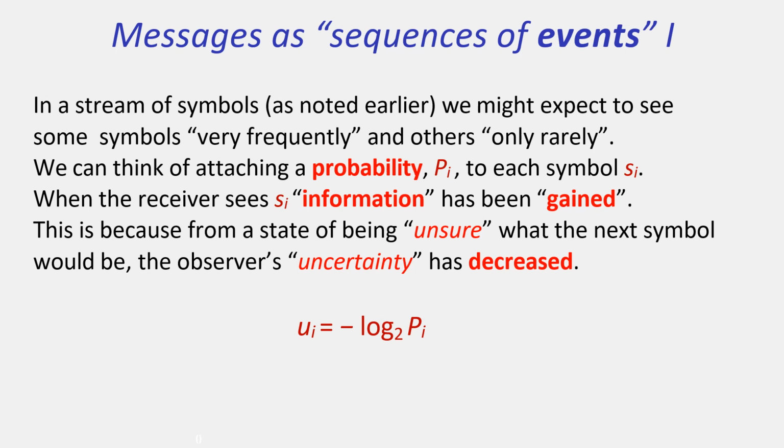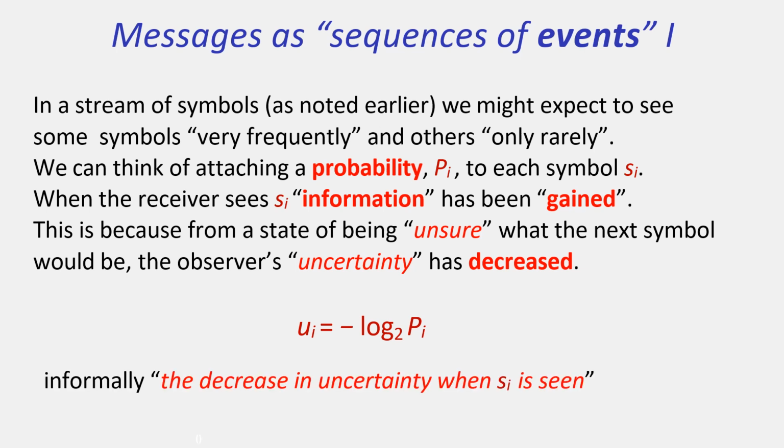As a result, the logarithm is going to be a negative value. So the uncertainty measure, minus log to the base 2 of the probability, will be positive. Informally, that measure can be thought of as the amount by which the uncertainty is decreased when the symbol is seen, so the information that we have gained from seeing a particular symbol.